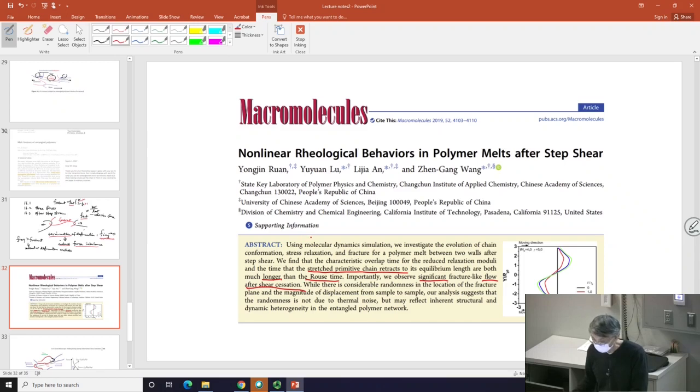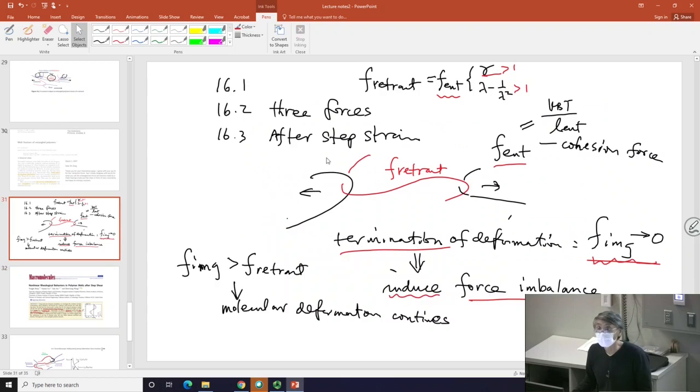All right. That's done, meaning we're done with the topic of basically what happens upon step extension or step shear. Generally, we call it after the step strain. Remember, this was the most fascinating aspect of the experimental findings, but now it's quite straightforward why it happened.